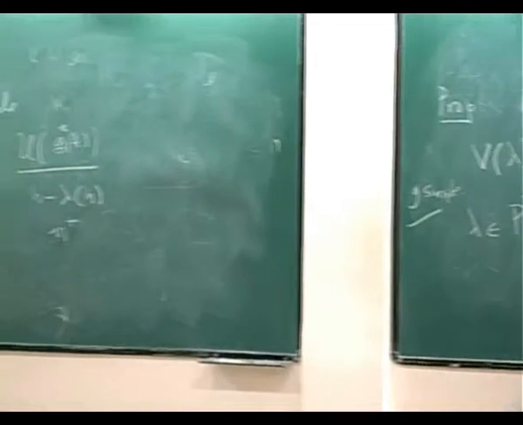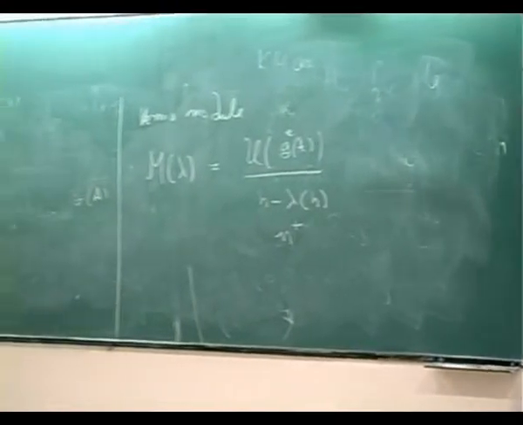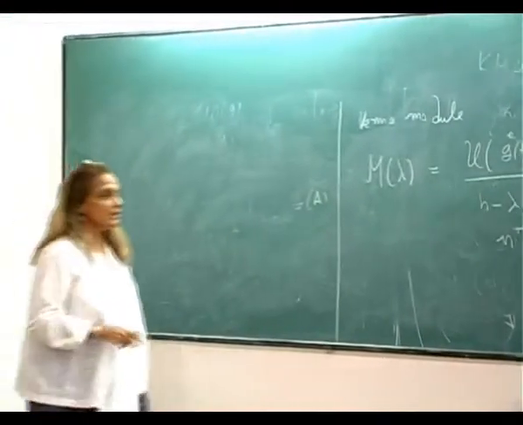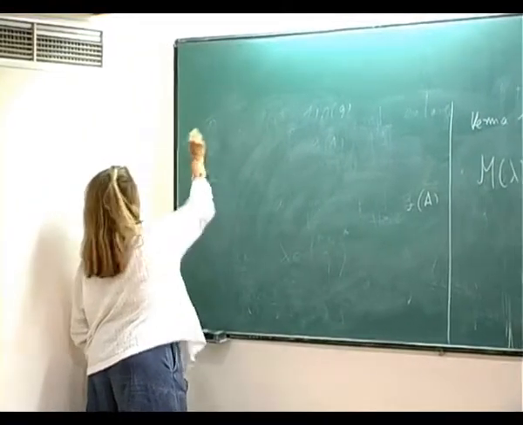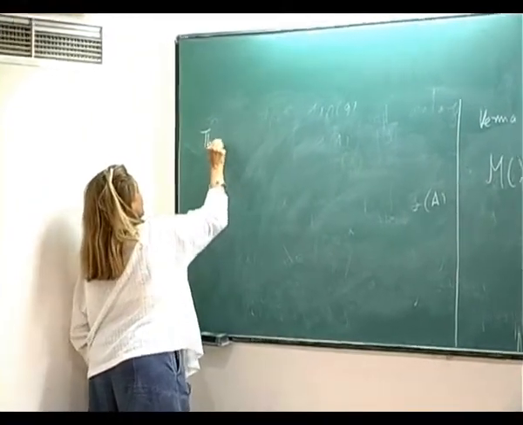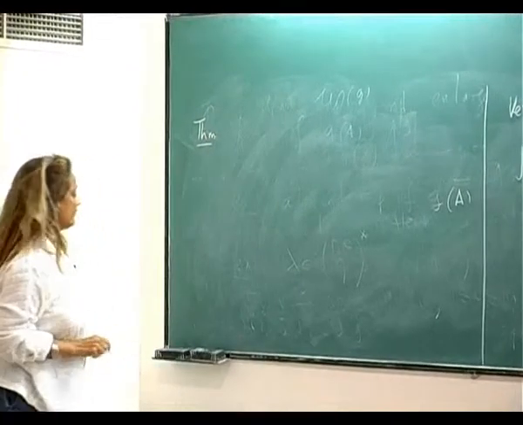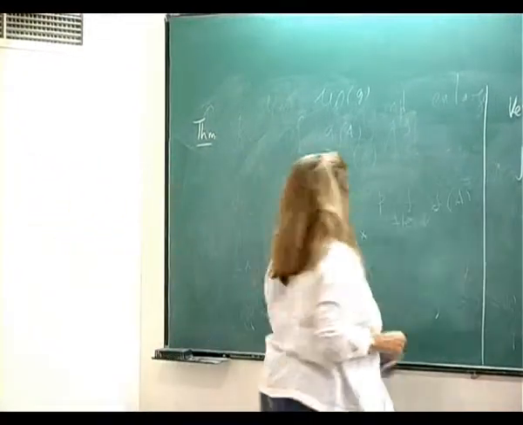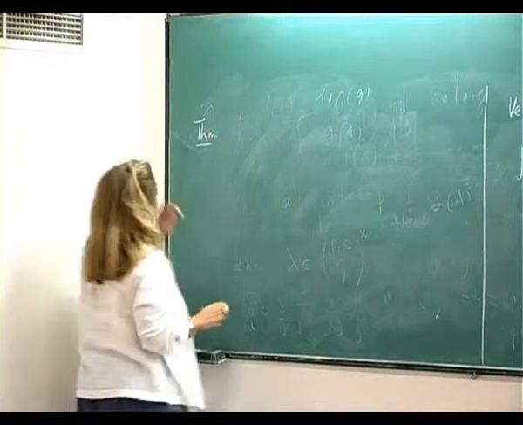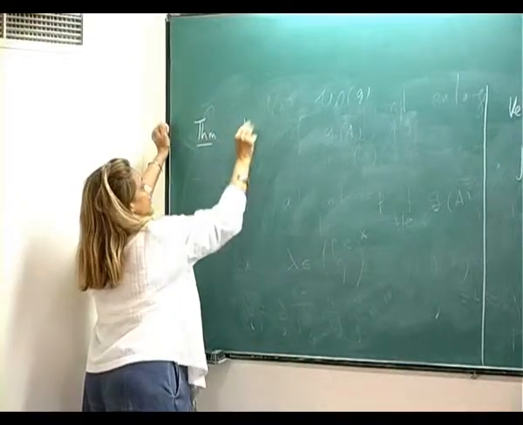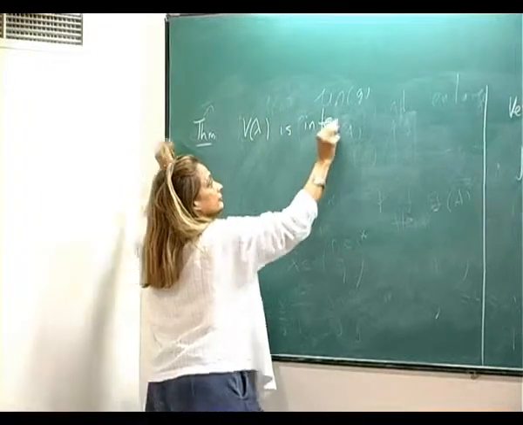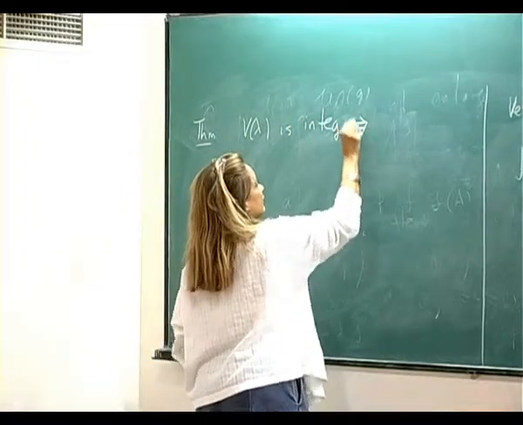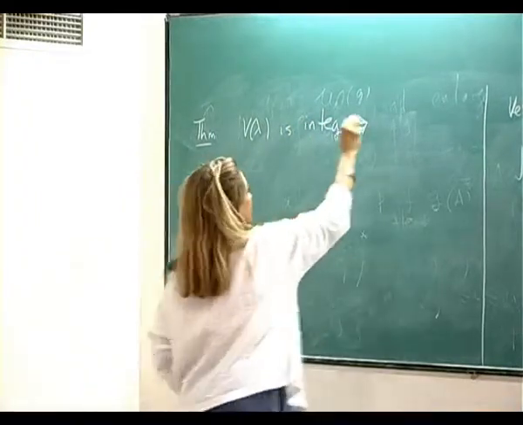So then the theorem, which I think I'll refrain from too many attributions, but I think this theorem goes back to Kac and Peterson and so on. And the theorem is that V lambda is integrable if and only if lambda is dominant integral.